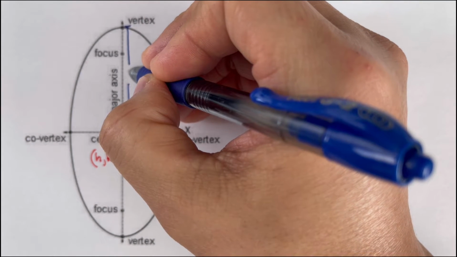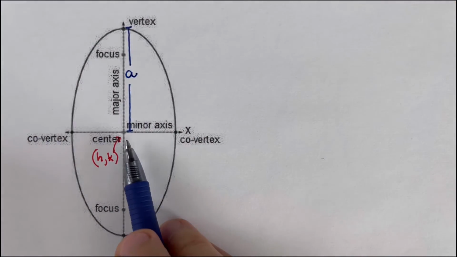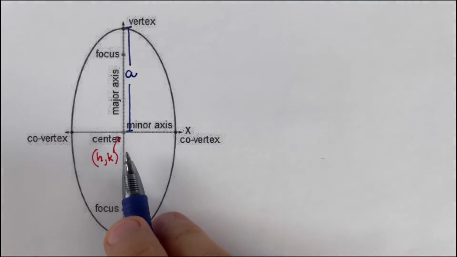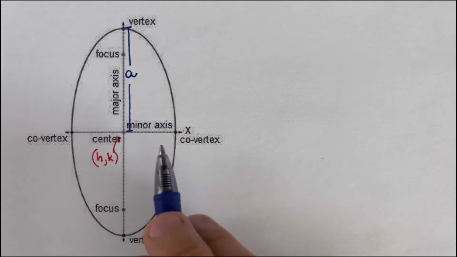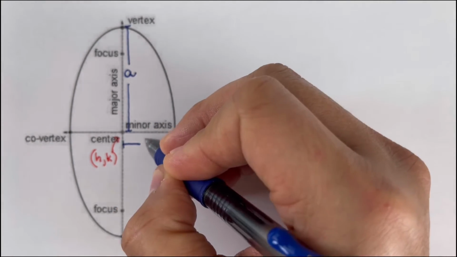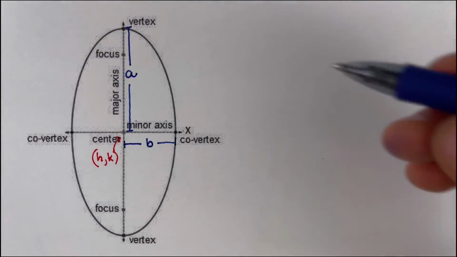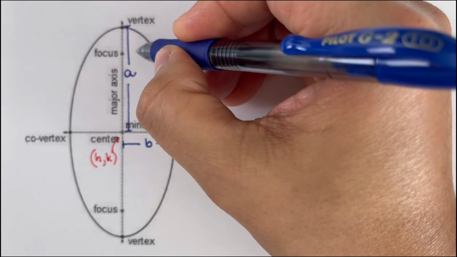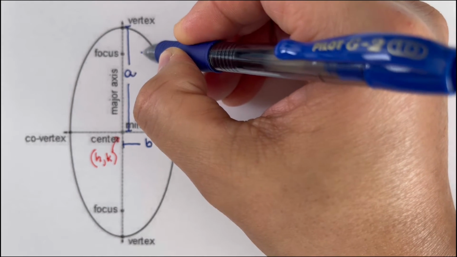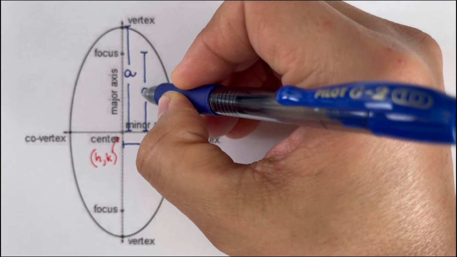It will always be along the major axis. So we represent this letter A, and then we are going to represent the distance from the center to the co-vertex as letter B. So this one right here is letter B. And the distance from the center to the focus would be represented as letter C, or variable C. So we're going to write letter C on that one.